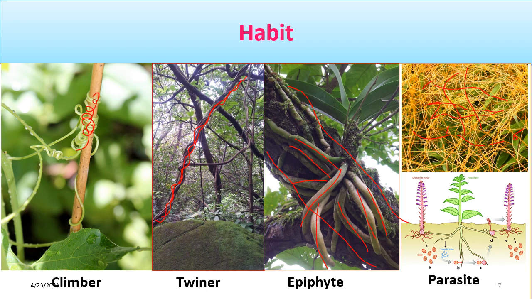Here you can see this is a green host plant and its roots are there, and on these roots, root haustoria are developed and it is growing. Actually this example is of a root parasite and this example is of a stem parasite. So there are different kinds of parasites.